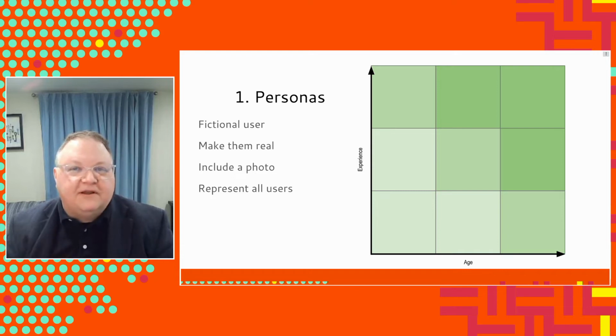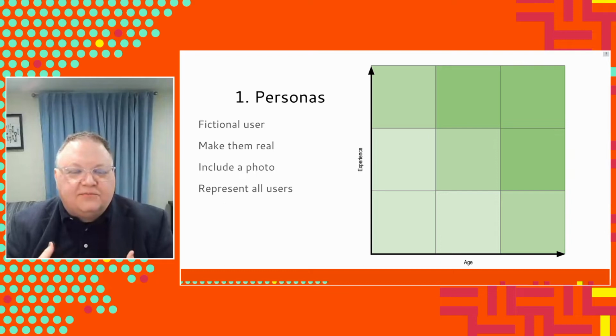I would also include a photo. It doesn't have to be a photo of a real person at a conference or something. You can go online and find different sources for publicly accessible, like Creative Commons Zero photographs. You'll see in this presentation, I use a lot of stuff from Pexels.com. They're Creative Commons Zero, but include a photo of somebody, because that makes it feel more real.